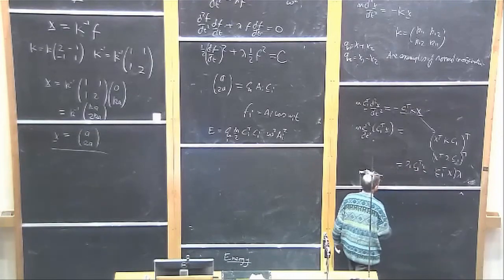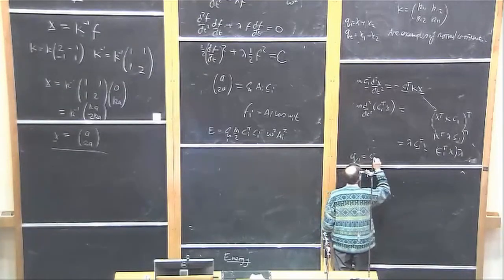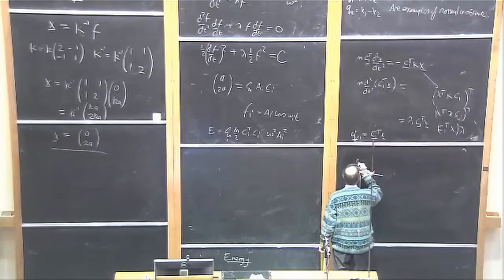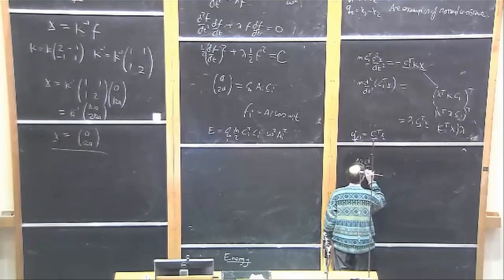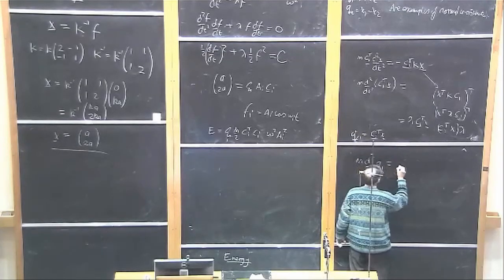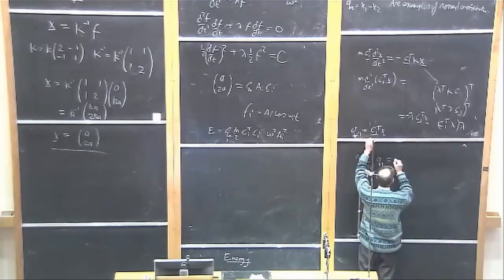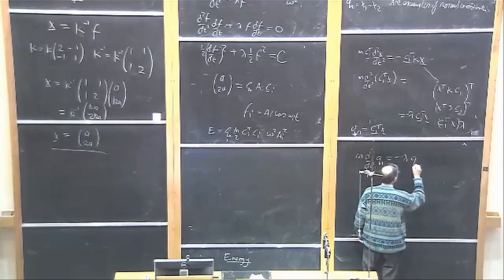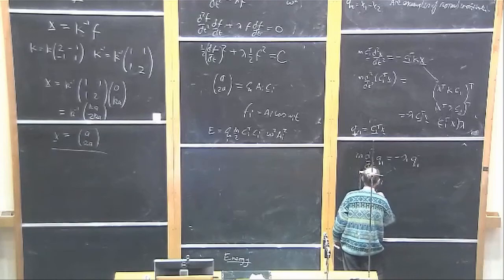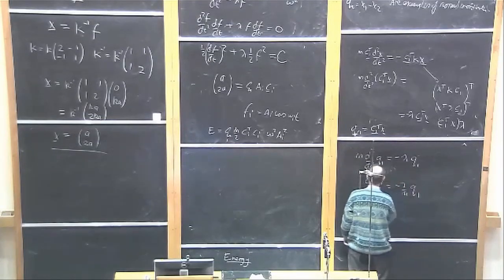So if I define Q1 equals C1 transpose x, the equation I've just derived is m d2 by dt squared Q1 equals minus lambda Q1, or d2 Q1 by dt squared is minus lambda over m Q1, an SHM equation.